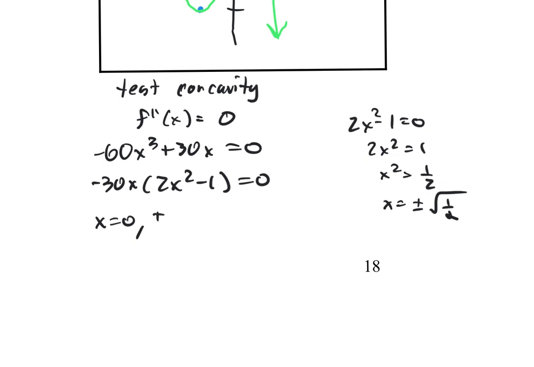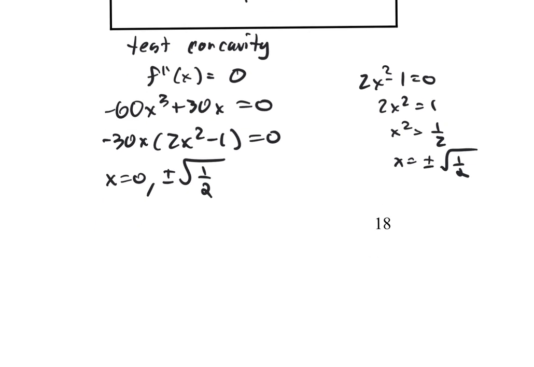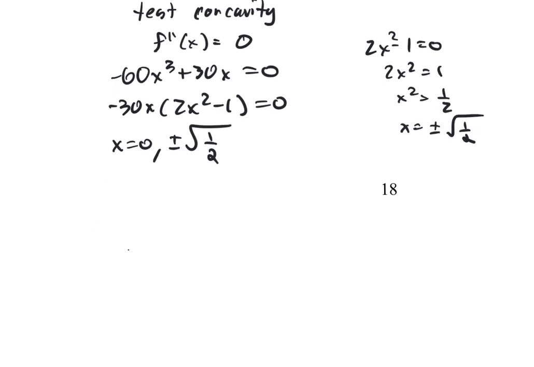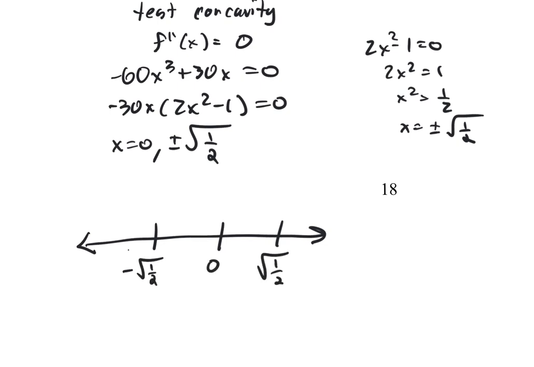So basically, if we were going to test for concavity, we would take our second derivative, okay, and we would check the sign of the second derivative at, insert within certain intervals. That being, well, this is negative square root of 1/2. This is 0. This is positive square root of 1/2.